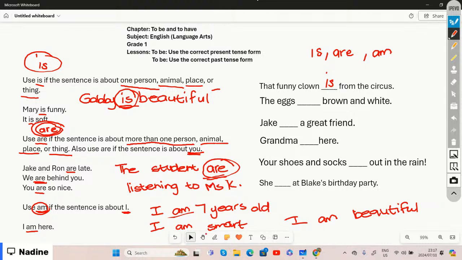All right, if we look at the next one, right? The next one says, the eggs. We are referring to more than one egg, right? So do we say the eggs is brown and white, or do we say the eggs are brown and white, or do we say the eggs am brown and white?